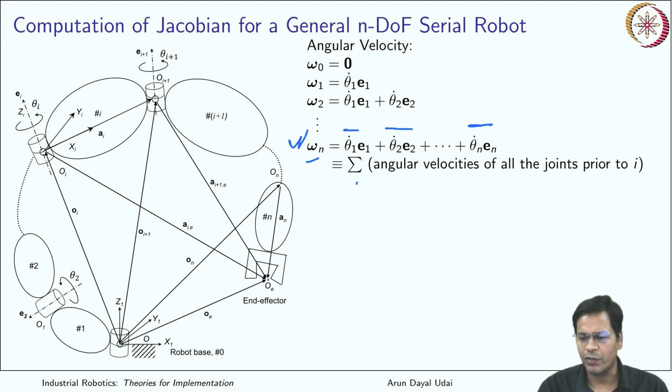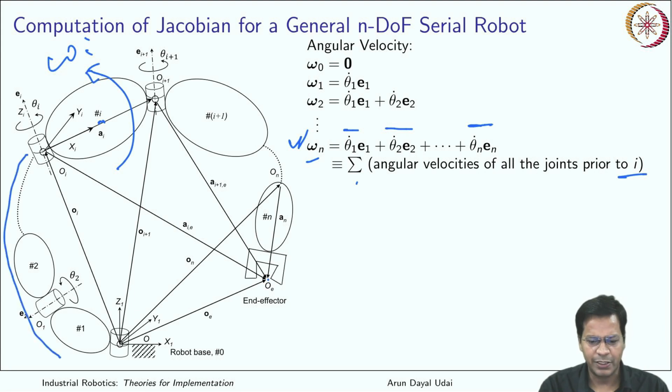It is the summation of angular velocities of all the joints prior to i. So I am taking it till i. The angular velocity of all the links prior to i gives the angular velocity to this link. If this has omega i, all the omegas till here will be added together to give the angular velocity for this link. We'll simply ignore whatever comes next to i. This has no influence on this.